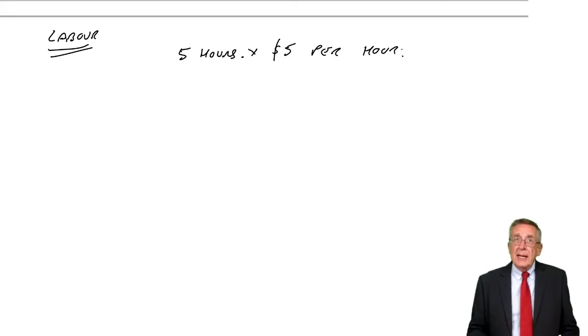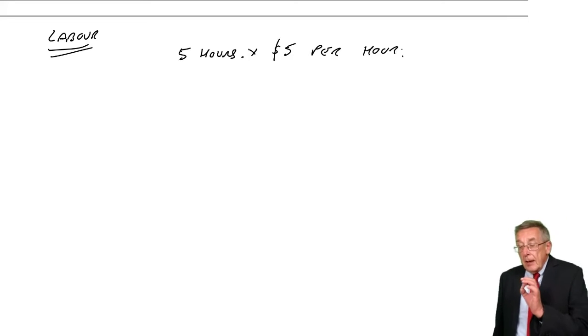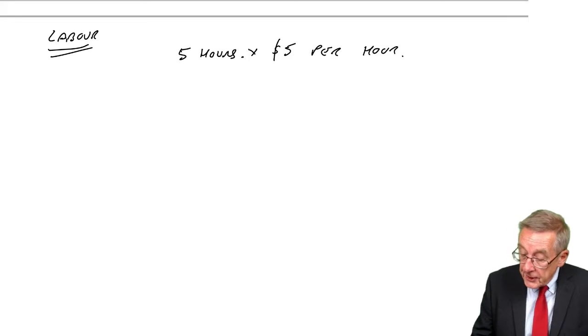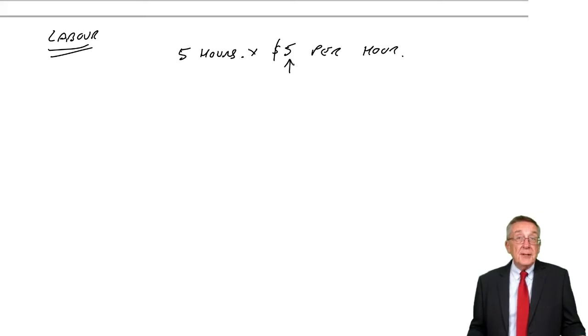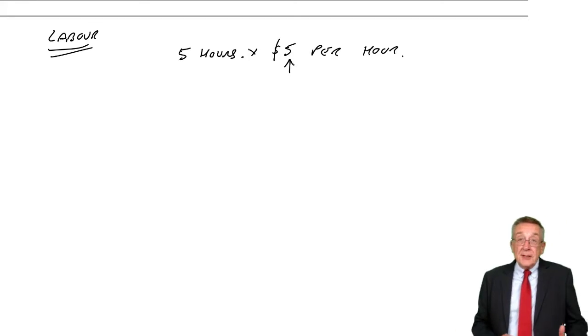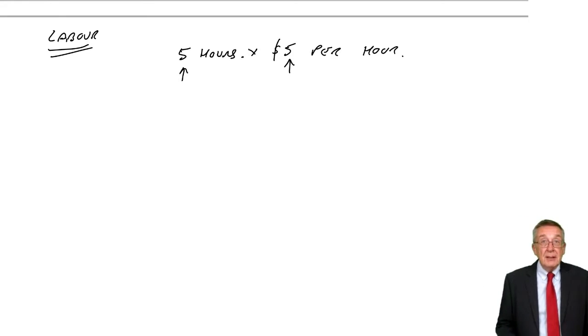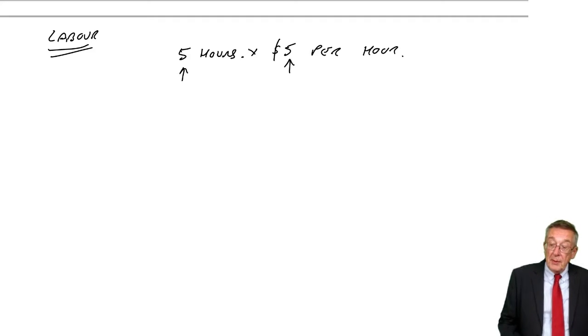Although, as you'll see as I go through, there is one extra thing we need to look at here. Primarily, we're going to say as before, did we pay $5 an hour, or did we pay more, did we pay less? And separately, did we spend 5 hours on each unit? Did we take longer? Were we faster?